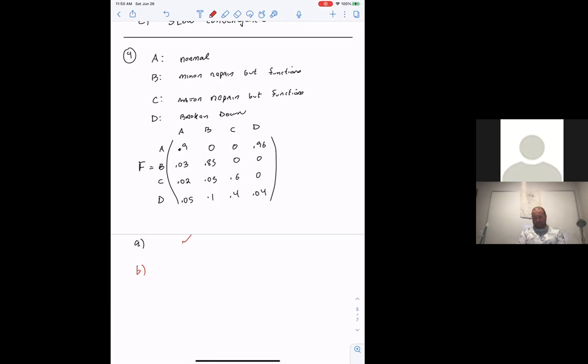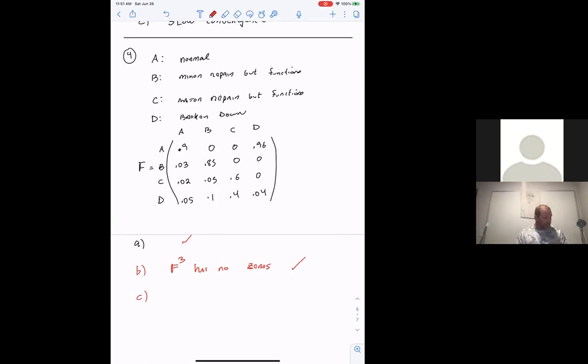And the answer is, if I start at B to C to D to A, 3 transitions should get me to A. So I'm going to raise it to the third power. And when I raise it to the third power, F to the third power has no zeros. So it is a valid regular transition probability matrix.